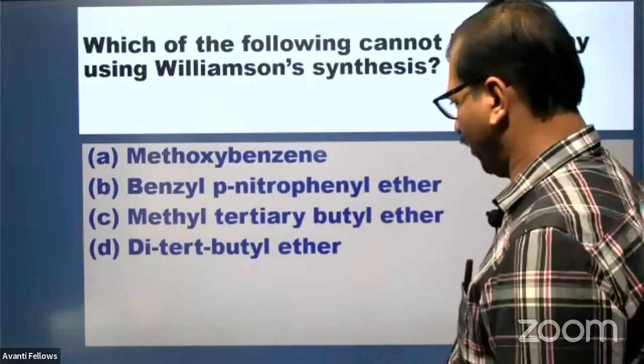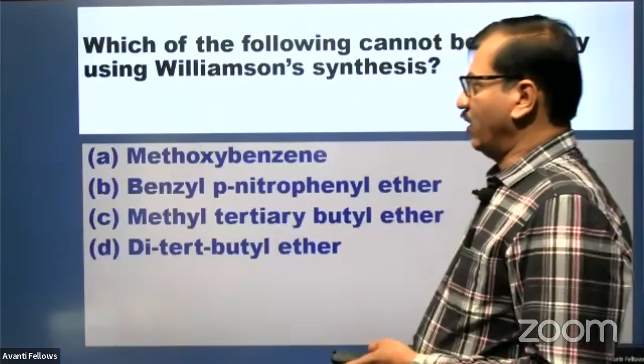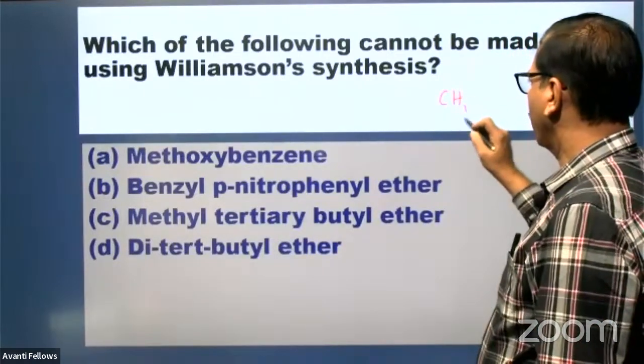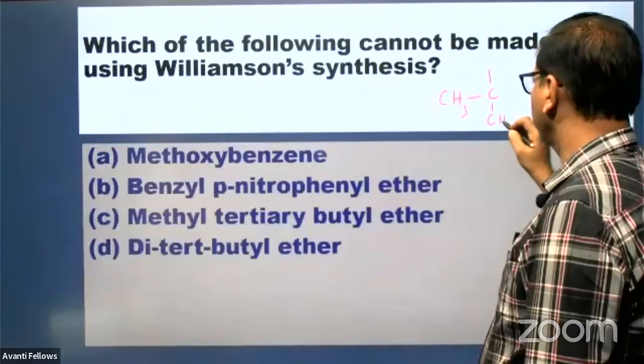Ditertiary butyl ether. So in Williamson synthesis, the halide should not be tertiary.